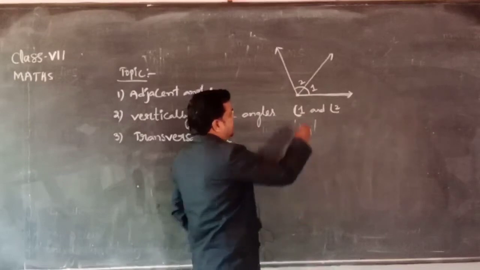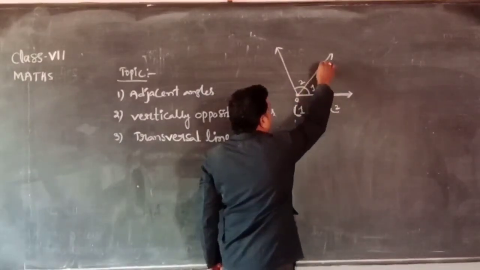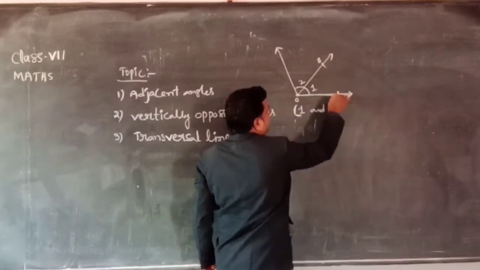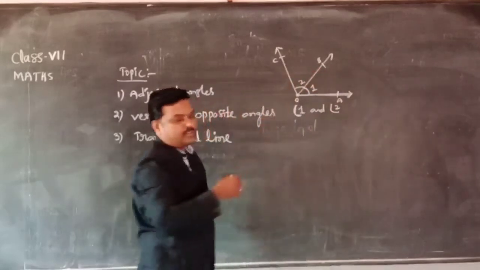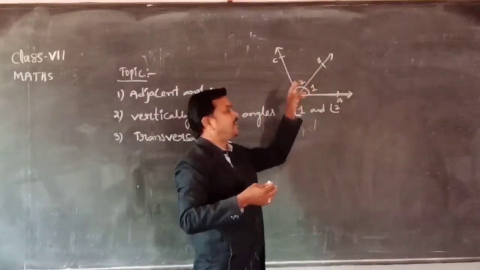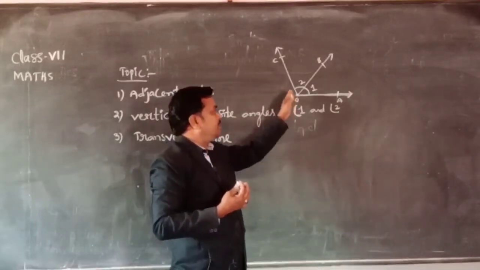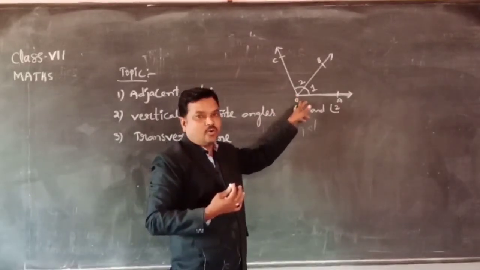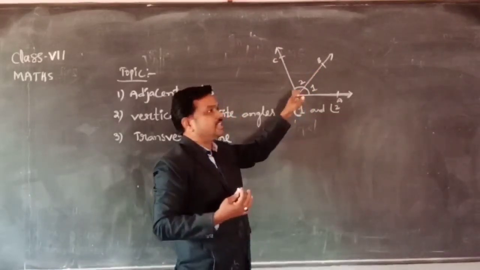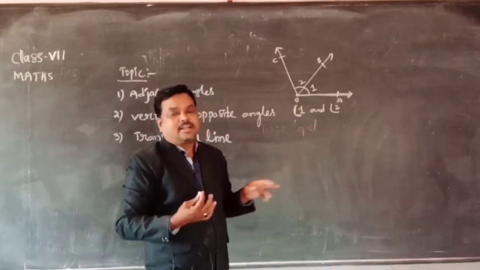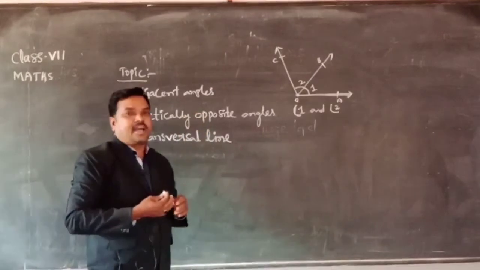The common vertex here is O and the common arm is OB, so angle AOB and angle BOC, otherwise angle 1 and angle 2, are adjacent angles. So this figure is indicating adjacent angles.